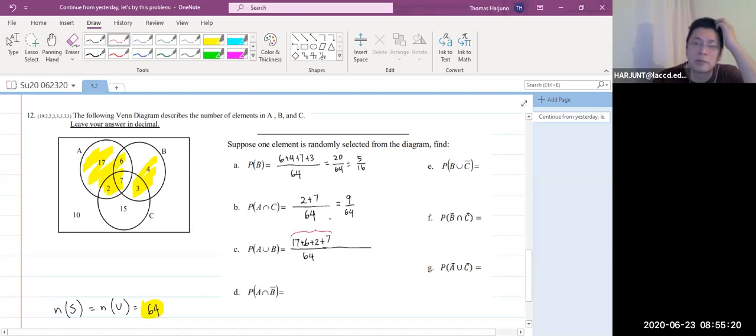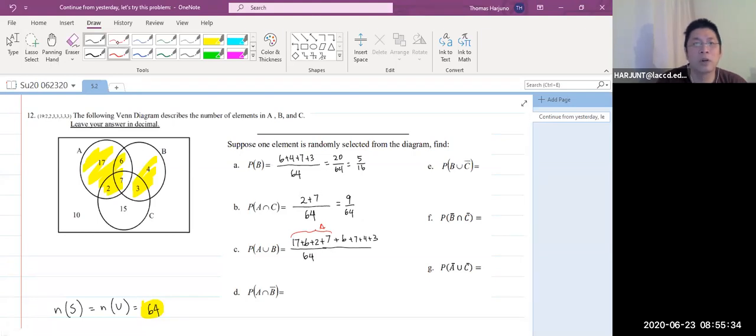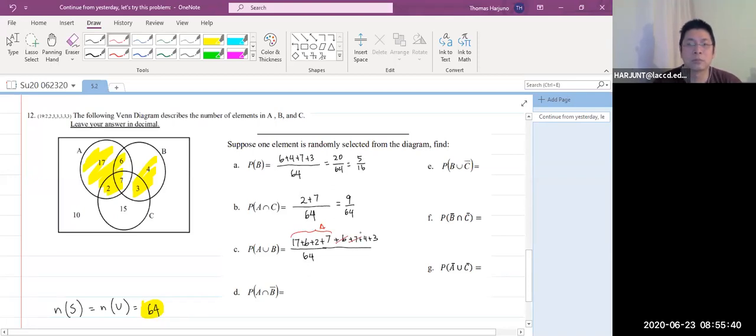That's for A. Plus those in B. Those in B are 6 plus 7 plus 4 plus 3. But 6 and 7 are already counted. You see what I mean? 6 and 7 are already counted.